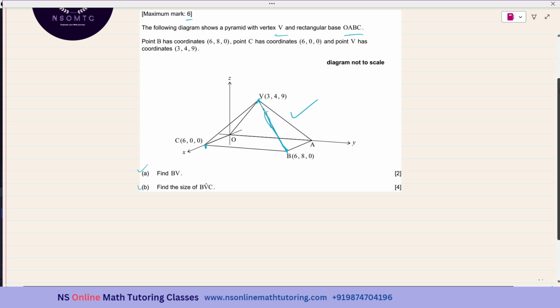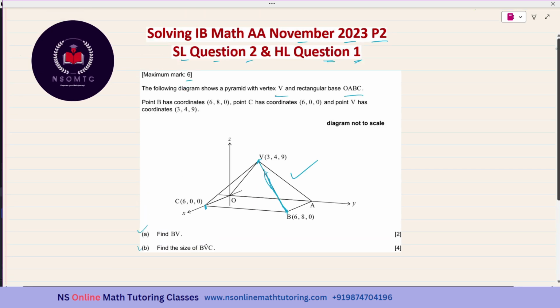Let us start our answer from this point. We will be using the distance formula, and BV will be equal to square root of, let me take this minus this, so (6 minus 3) whole square plus (8 minus 4) whole square plus (0 minus 9) whole square.